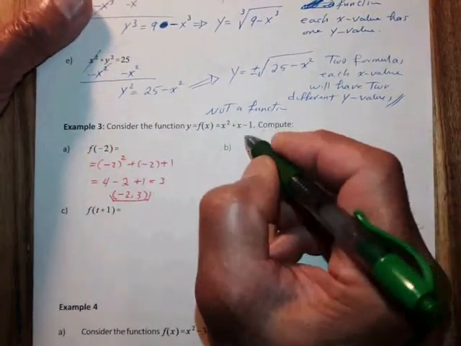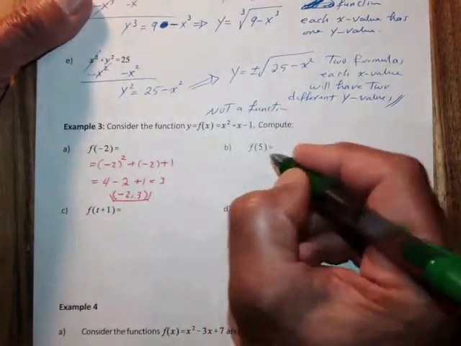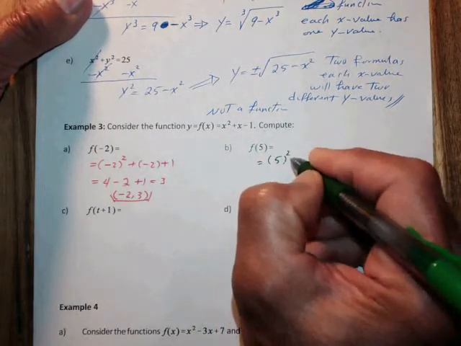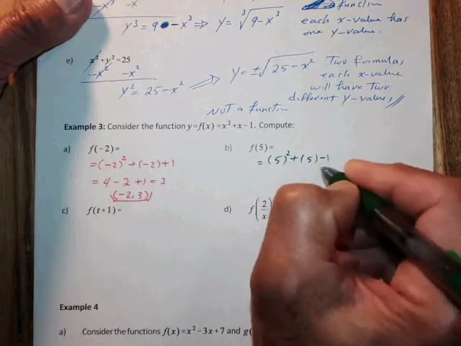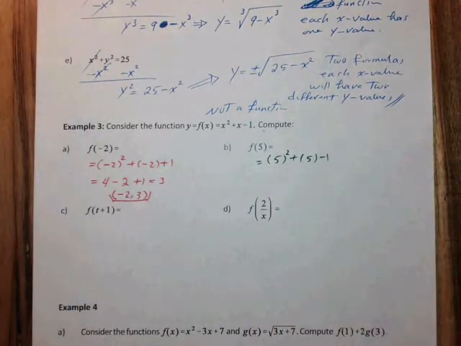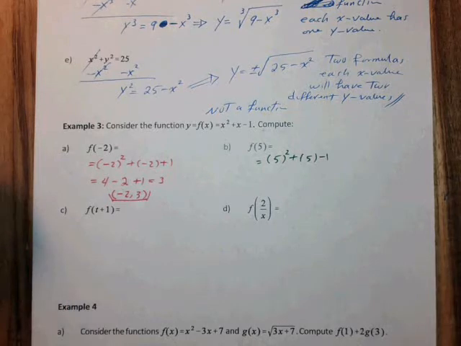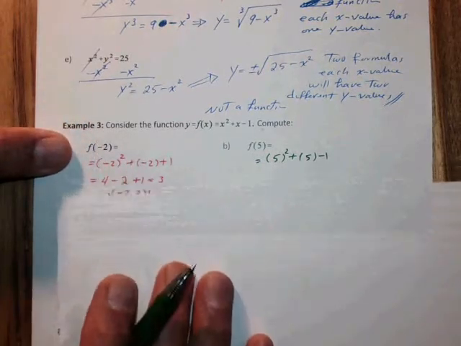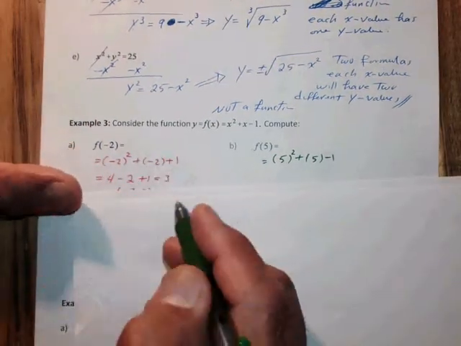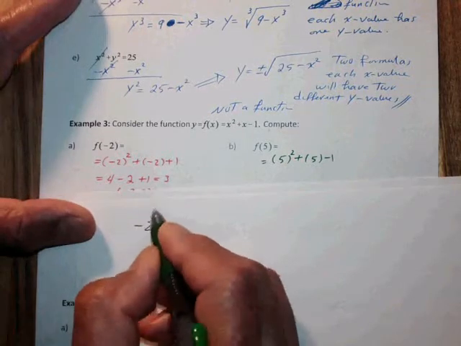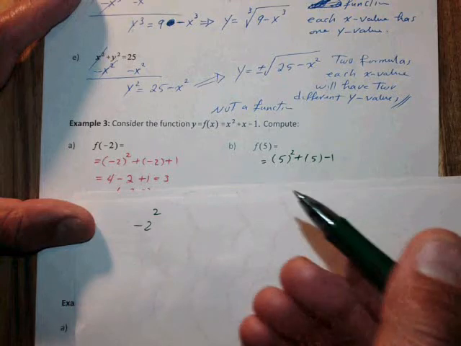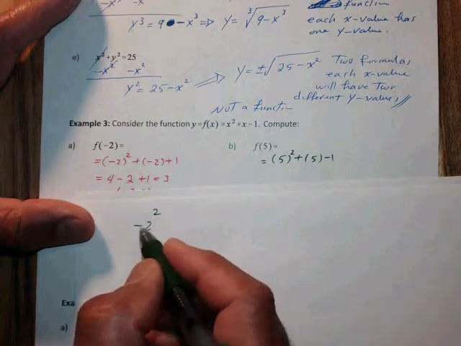f of 5 means replace x by 5. So you have 5 squared plus 5 minus 1. If you notice, I'm using parentheses. The reason I use parentheses is to prevent unforced errors. Unforced error, what do I mean by that? If I didn't use parentheses, I would have written negative 2 to power 2, and then without paying attention, I would put it in my calculator and say negative 2 squared.